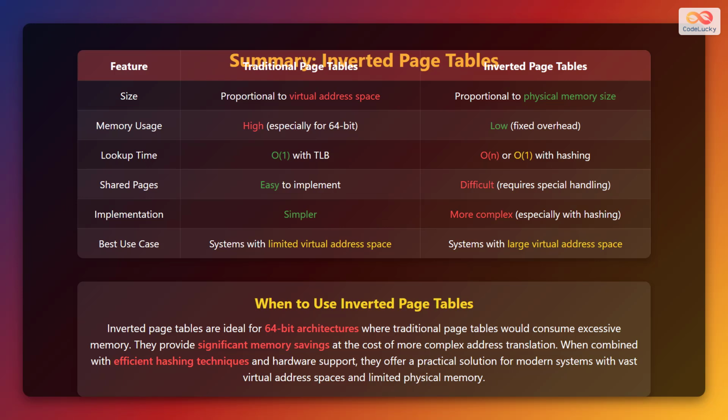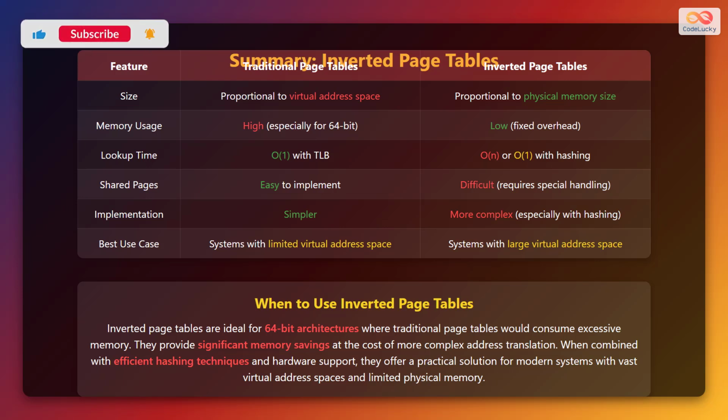Lookup time is order 1 with a translation look-aside buffer, or TLB, for traditional page tables, but order n or order 1 with hashing for inverted page tables. Shared pages are easy to implement with traditional page tables, but difficult and requiring special handling with inverted page tables. Traditional page tables are simpler to implement, whereas inverted page tables are more complex, especially with hashing.